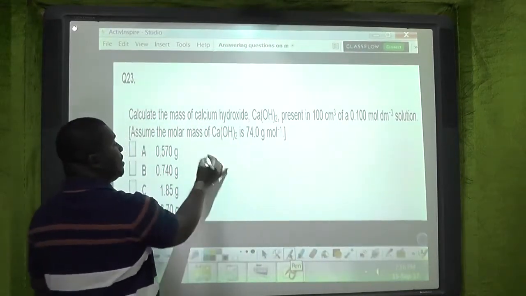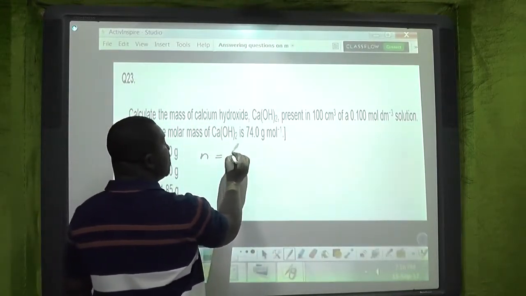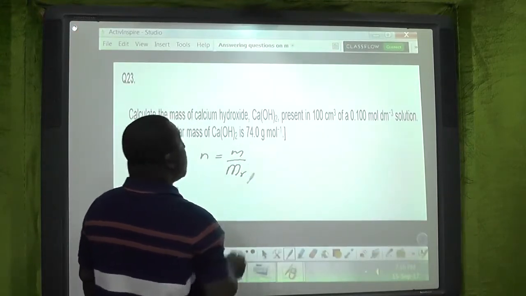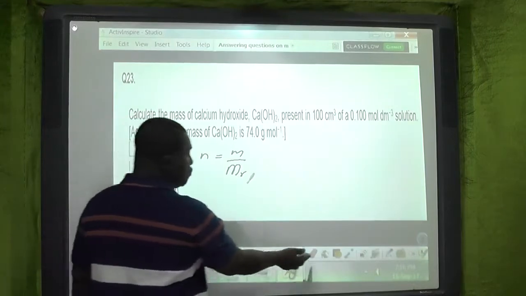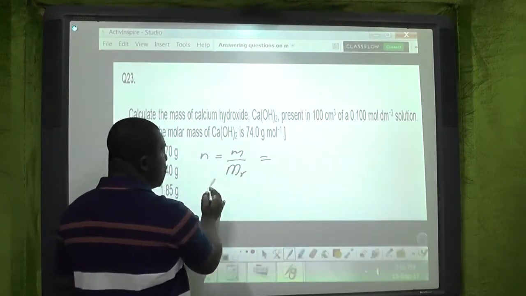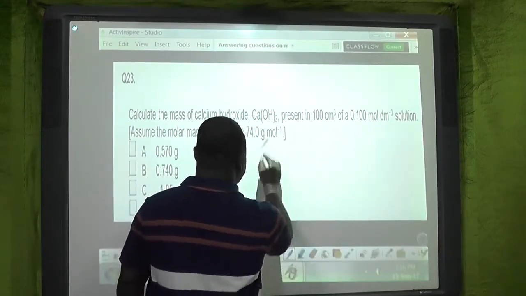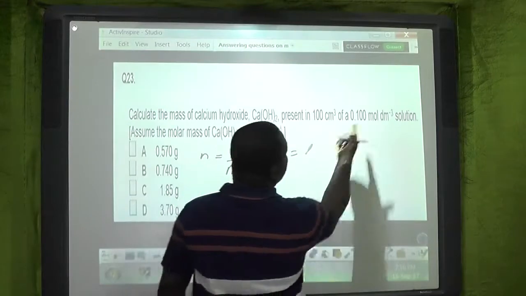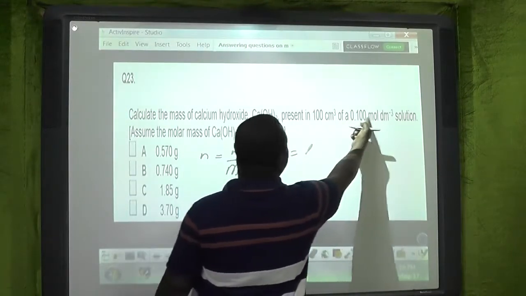For us to know the mass, we need to know the mole, because mole equals mass divided by molar mass. So for us to know the mass, we need the number of moles, and as far as concentration is concerned, we have been given the concentration of the solution.